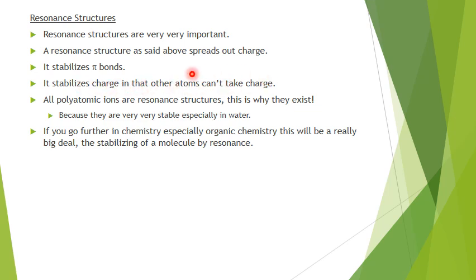It makes it hard for other atoms to take the charges or take the electrons. All polyatomic ions have resonance structures. This is why they exist. They are stable because of their resonance. And they become particularly stable when you put them in water. And if you go further into chemistry, especially organic chemistry, they'll be talking about resonance quite a bit.